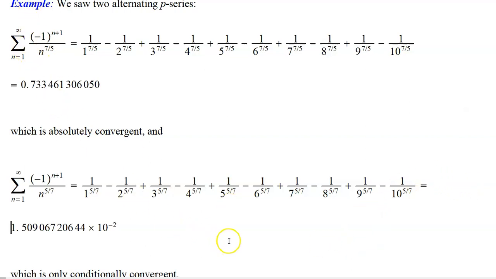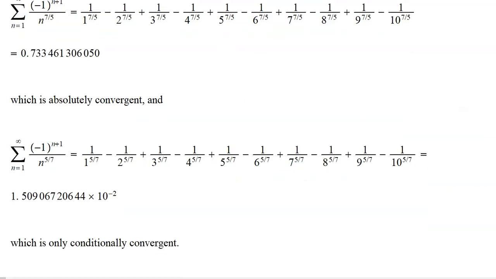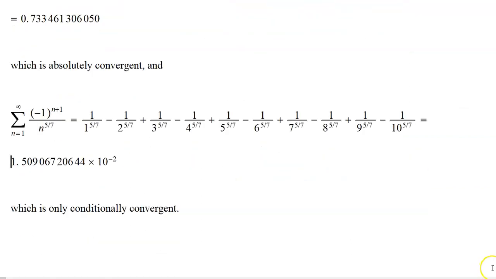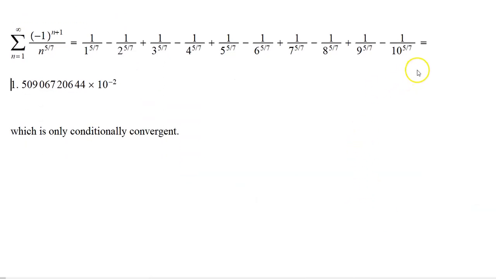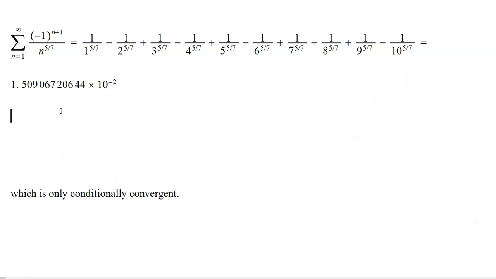So now, we were talking about rearrangement of an infinite series. I'm going to start rearranging the terms for, let's do the second one. Okay, so what does that mean? We are going to take all the terms in the infinite series and add them in a different order.